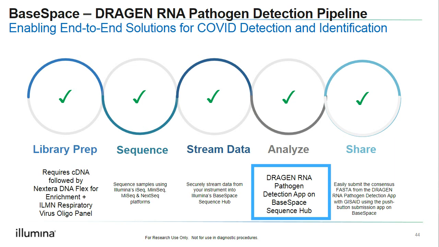So that helps detect not only SARS-CoV-2, but also other pathogens in our Illumina respiratory virus oligo panel. The library prep kit used is Illumina RNA prep with enrichment, and you use the respiratory virus oligo panel. That will allow researchers to confirm the presence of SARS-CoV-2 and advance variant analysis studies.